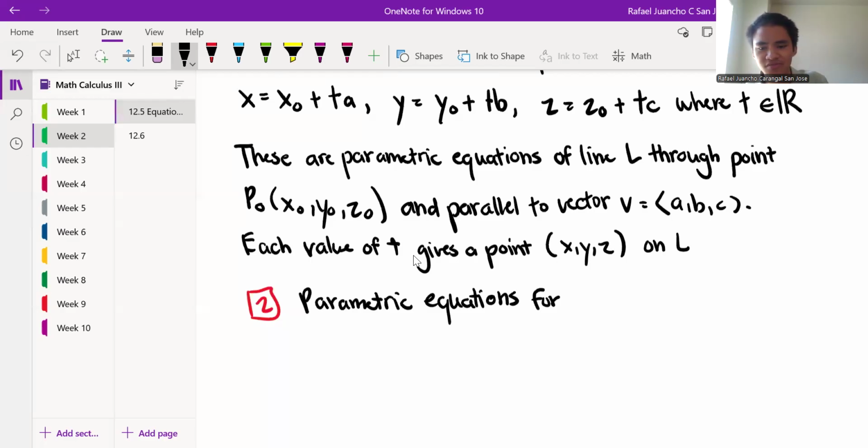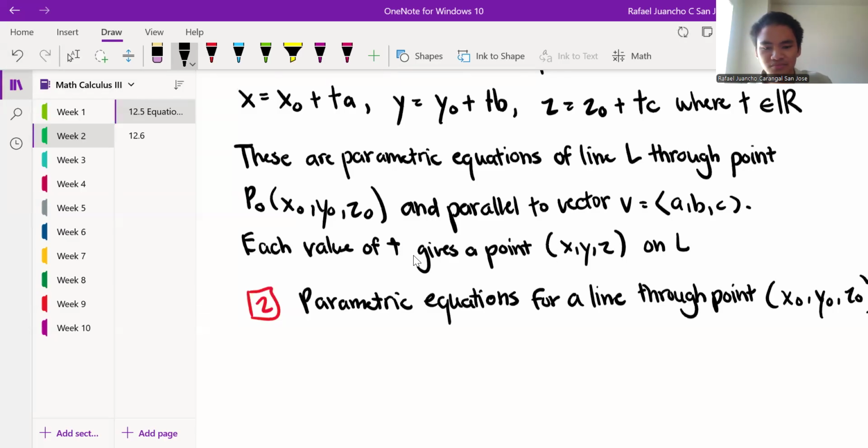So parametric equations for a line through point x naught, y naught, z naught, through the initial point and parallel to, we call it a direction vector.